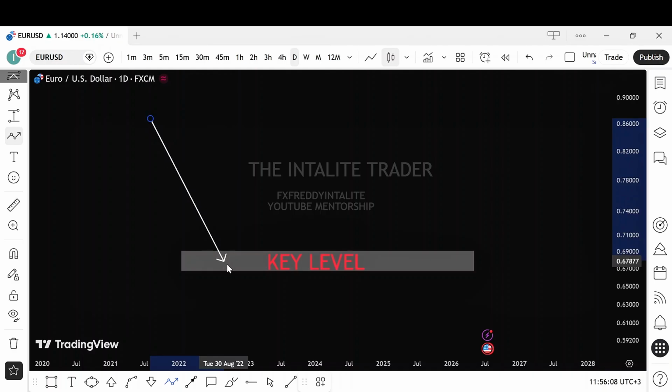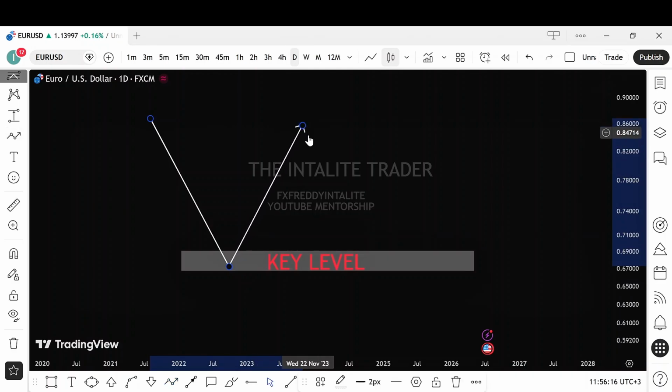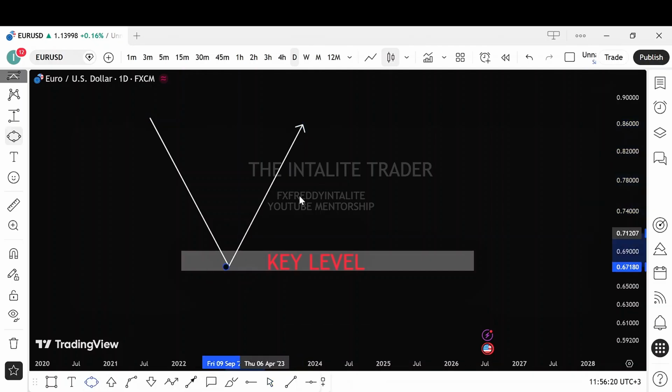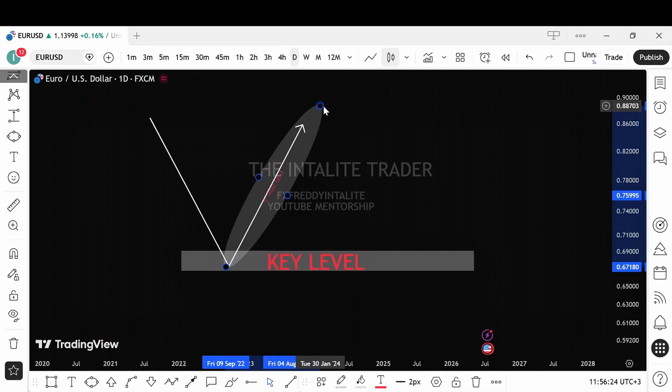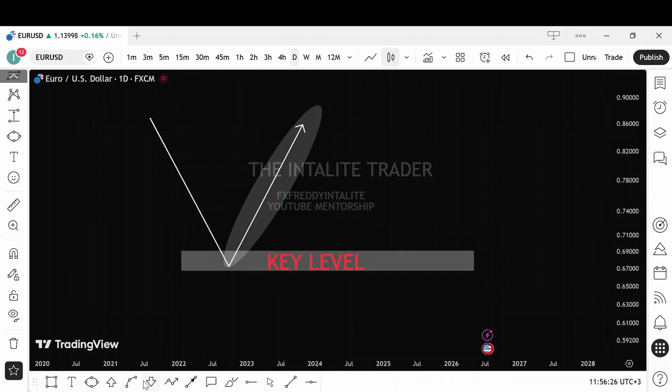Price comes into the level, and when it enters, it trades and moves away drastically. So this drastic move away from your support level is what tells you how key the level is to buyers and sellers.